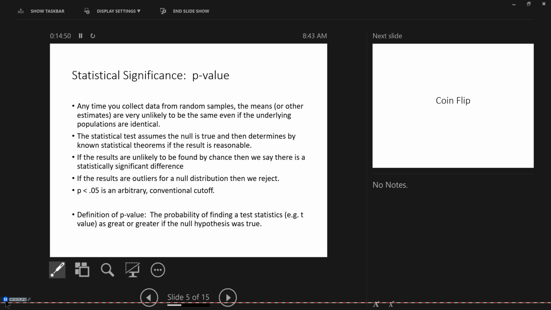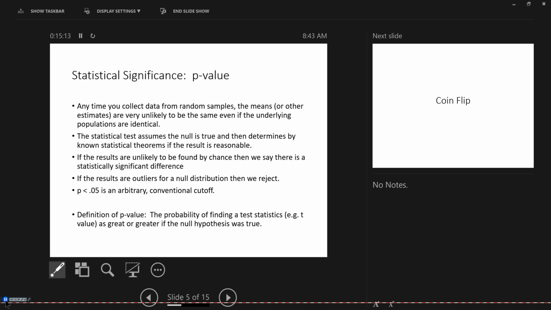So when you do a test and the two means don't exactly match, the question is, how different are they? Are they different enough to fall out here and be beyond 5%? Now, an interesting thing is we do a two-tailed test.